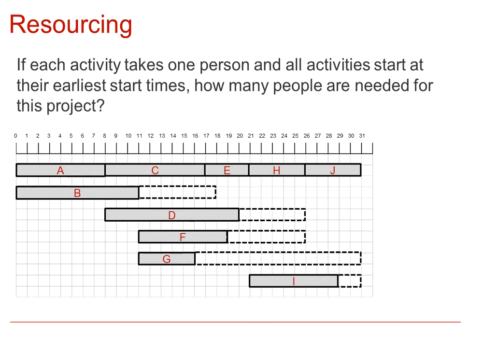In the first time units, say 1 through to 7, we can see that we only need 2 people. Thereafter, we need 3, and at this stage we would need 4, and then back down to 3 and 2, simply by looking at the number of activities being undertaken at a certain time.